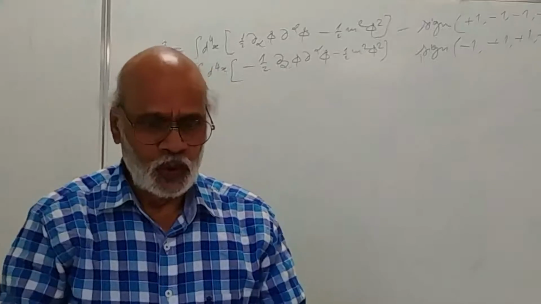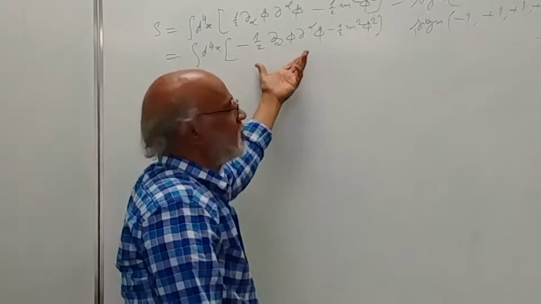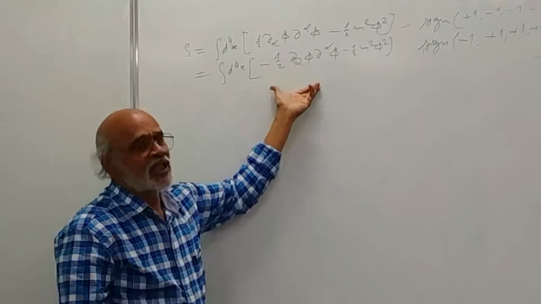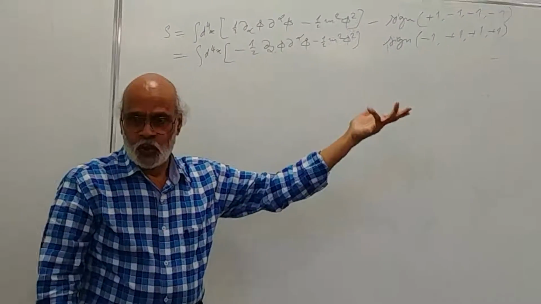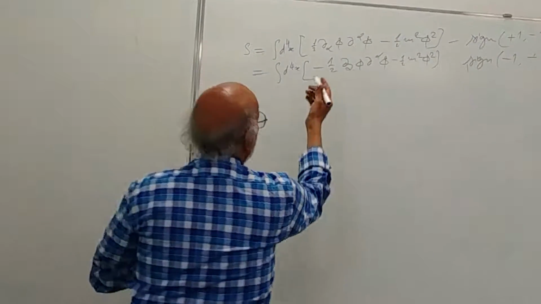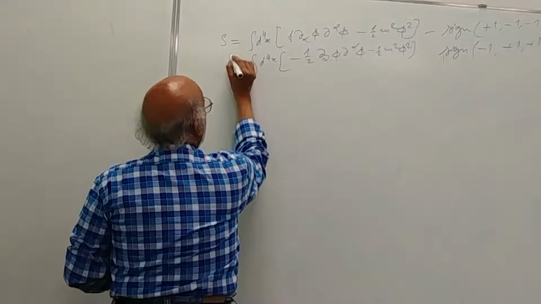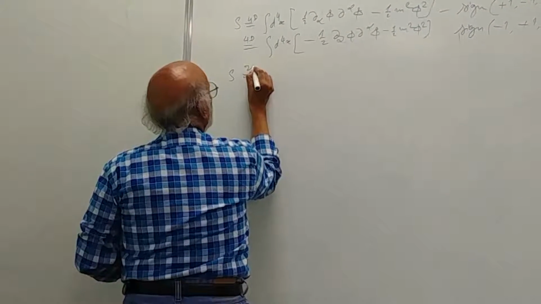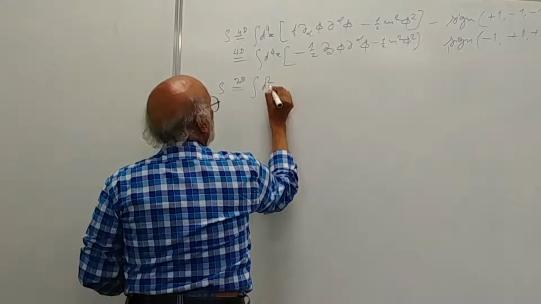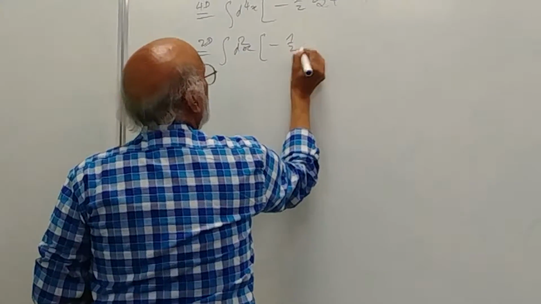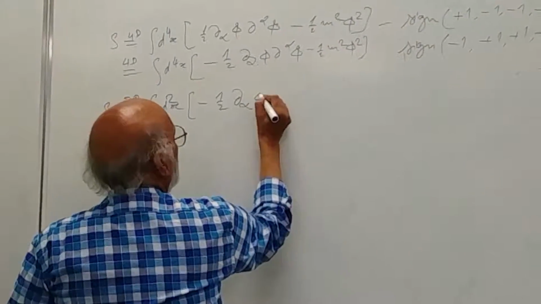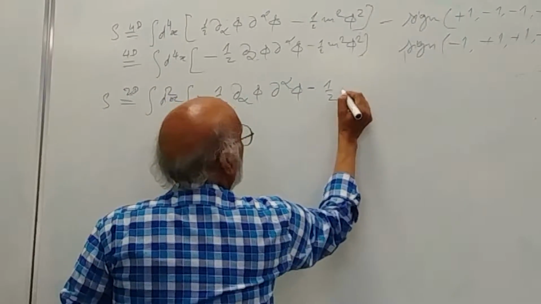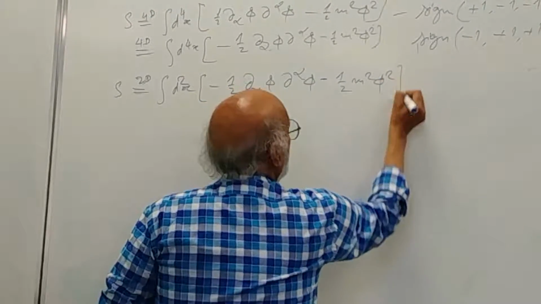Is this okay? This term is nothing but the kinetic energy term for the scalar field phi, and the kinetic energy term has to be positive. This is in 4 dimensions. Now if I write it in 2 dimensions, I would have d2x of minus 1/2 d alpha phi d alpha phi minus 1/2 m square phi square.